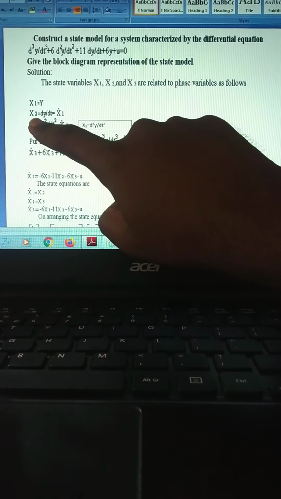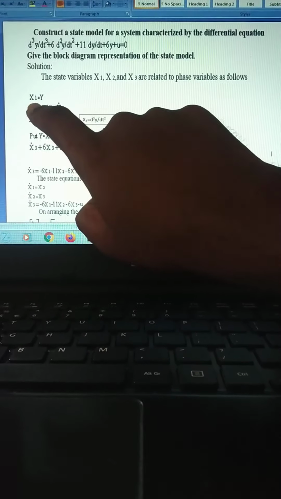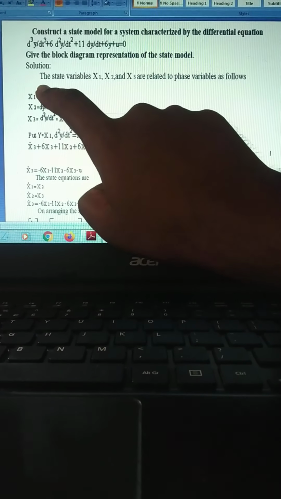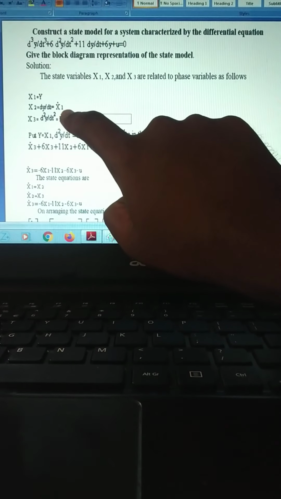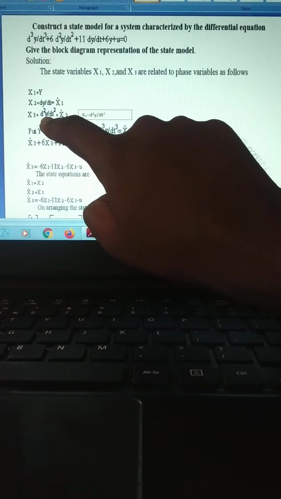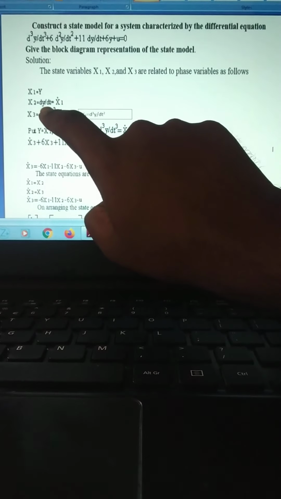So x2 is equal to dy by dt. If we differentiate y, what do we get? We get x2. So x2 is x1 bar. Next, if we differentiate dy by dt again, we will get d square y by dt square. So x2 bar is equal to d square y by dt square, that is, the differentiation of x1 is x1 bar. So x1 bar is equal to dy by dt, x2 bar is equal to d square y by dt square.